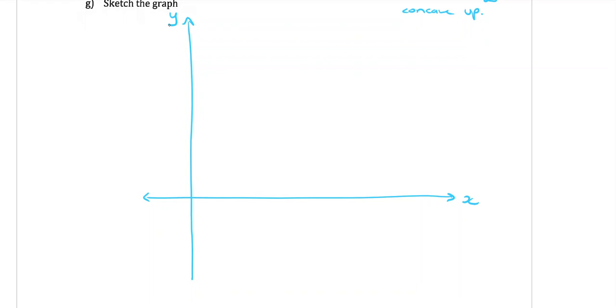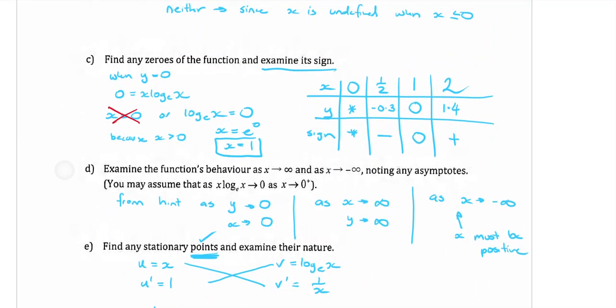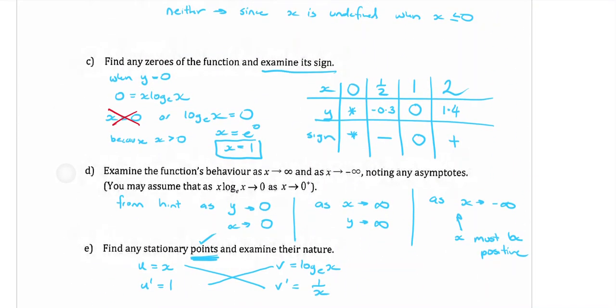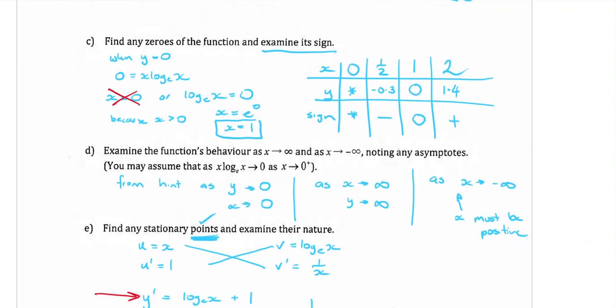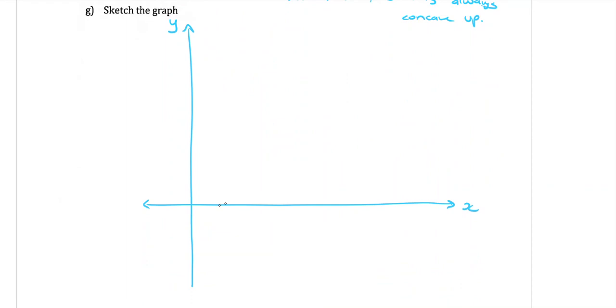Now, did we also find an intercept? Yeah, right back at the beginning, part C. The 0, x equals 1. So at x equals 1, there's my x-intercept.